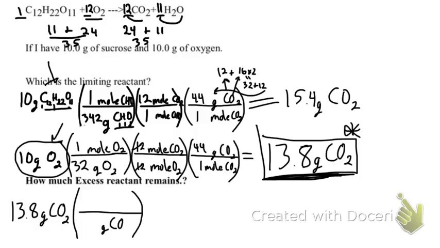So grams of CO2 on top, moles of CO2, grams of CO2 on the bottom, moles of CO2 on top. 1 mole for every 44 grams, found the same way as here. Carbon is 12, each oxygen is 16. 12 plus 32 is 44.